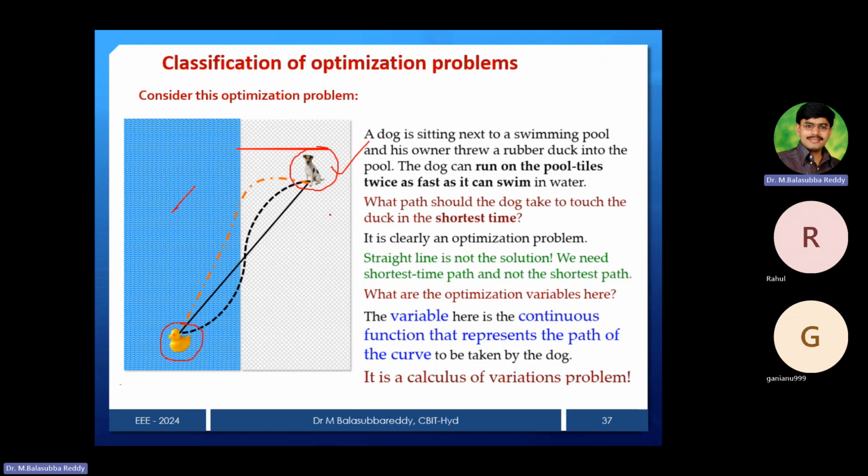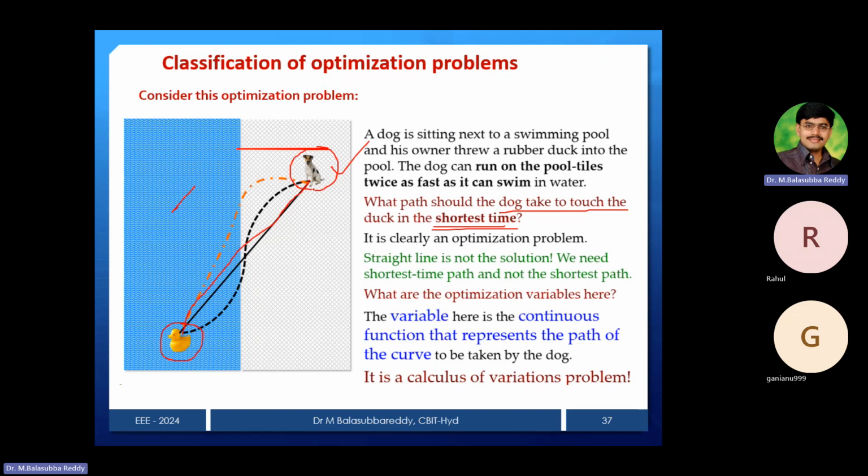That is the difference you can notice: what path should the dog take to touch the duck in the shortest time, not the shortest path. The straight line may be the shortest path, but what we want is for it to catch the duck in very little time.